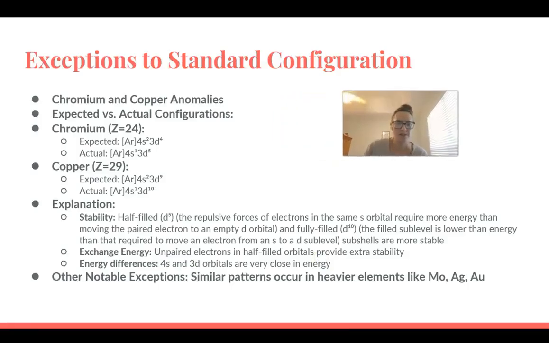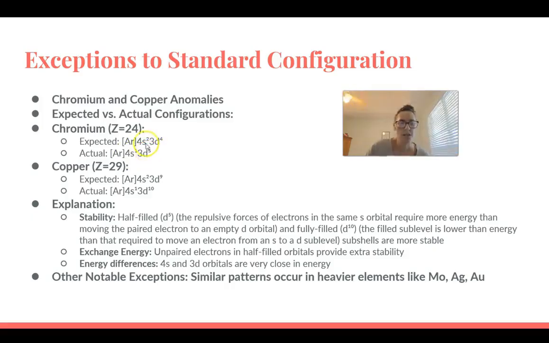So now we're going to talk about some exceptions to standard electron configuration, especially for transition metals. So let's look at chromium and copper. Those are probably the most commonly given exceptions. So you can see that chromium, just following normal rules, would be 4s2, 3d4. However, the actual configuration is 4s1, 3d5.